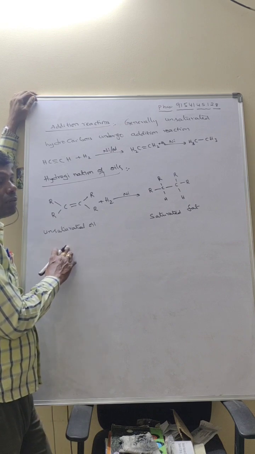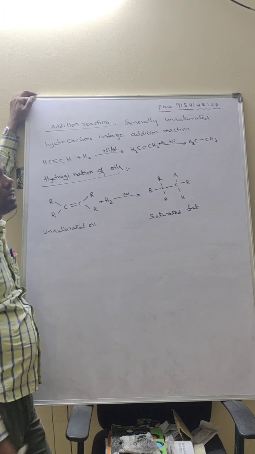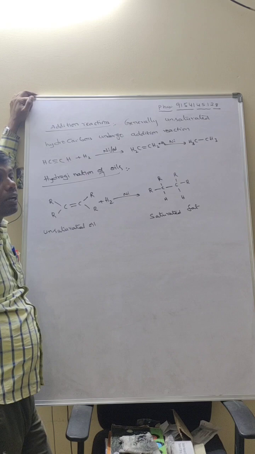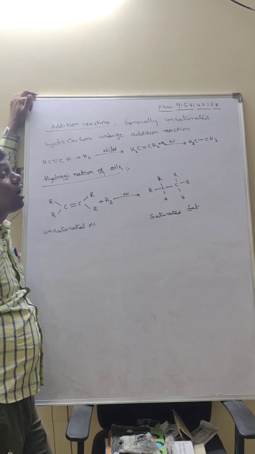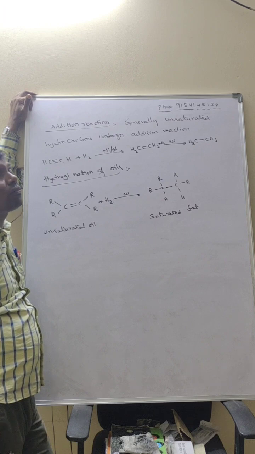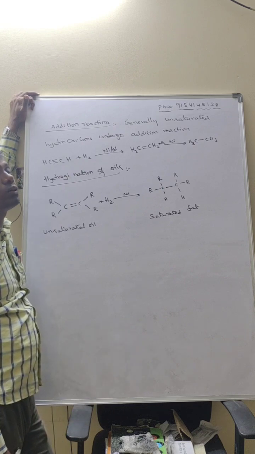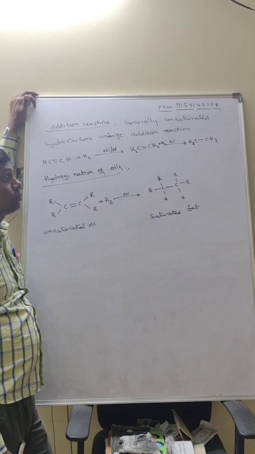Oils are unsaturated, means they would like to combine with other things, so reactivity is more. That is the reason we prefer oils for cooking, not fats. Most important question in your textbook.